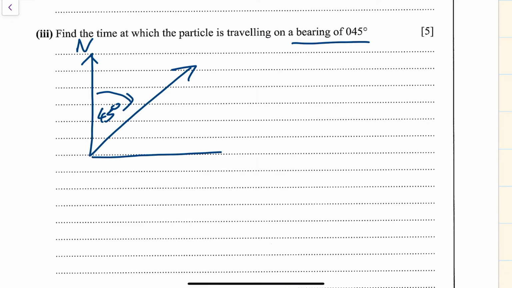So if it's moving at 45 degrees from the vertical, it's 45 degrees from the horizontal. So it's moving at a gradient of 1, like y equals x, that's the most famous line with gradient 1. That's what it is.